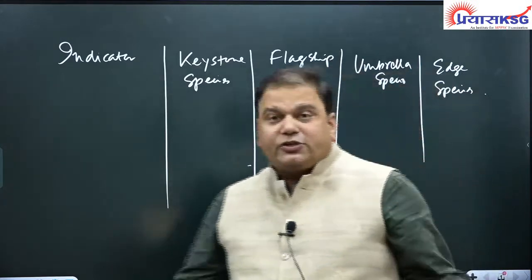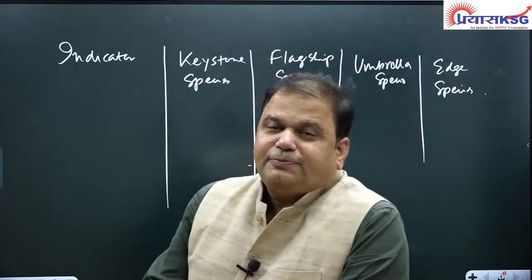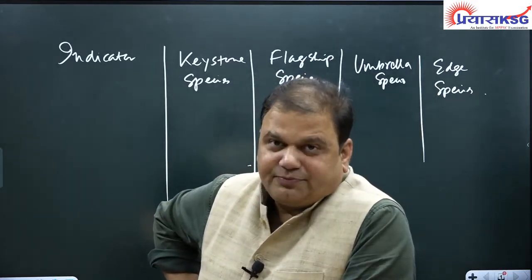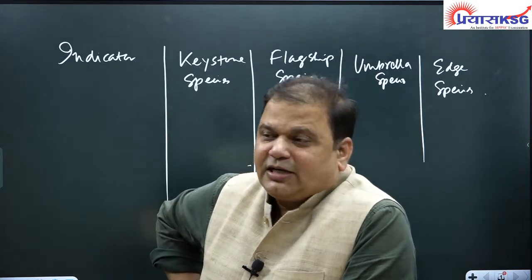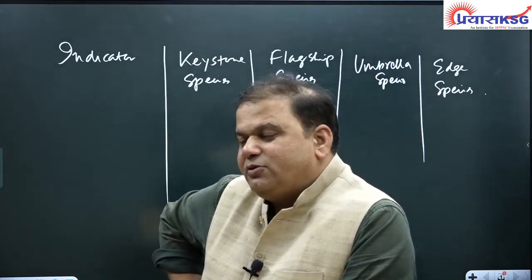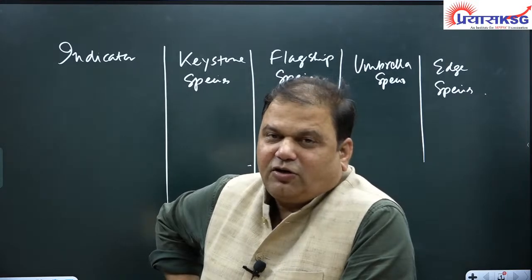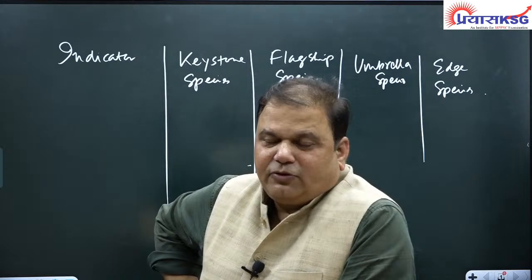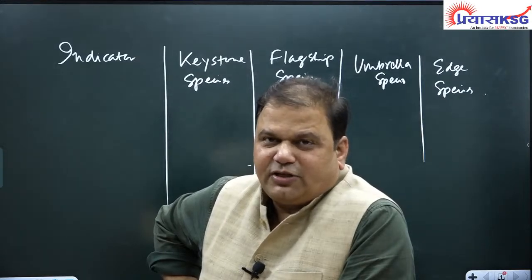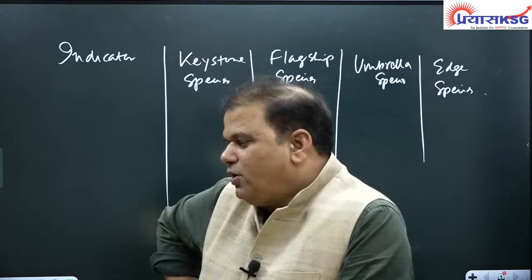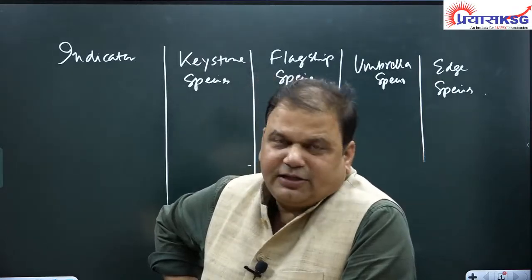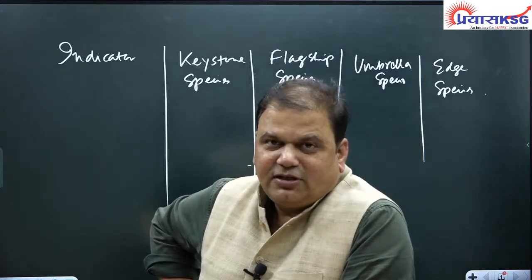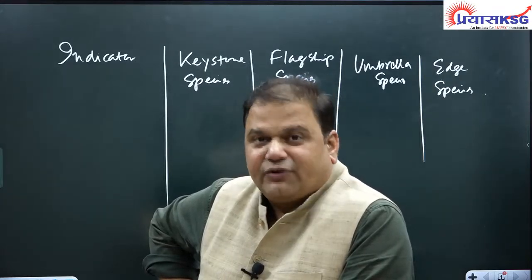Keystone species are those which are responsible for maintaining the structure of the ecosystem. It implies that if the keystone species were removed, the structure of the ecosystem would get disrupted. They are also responsible for ensuring the survival of other species and determining the abundance of other species.